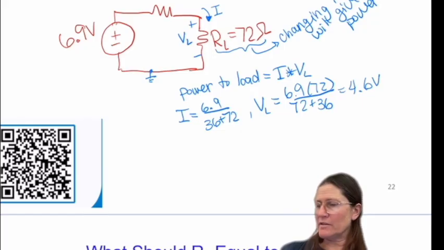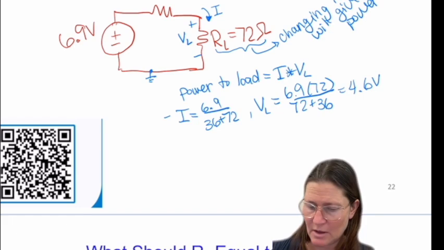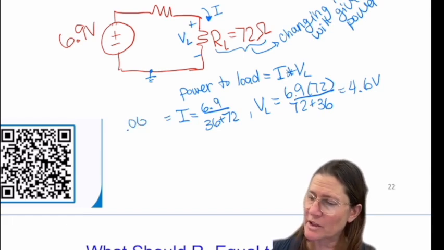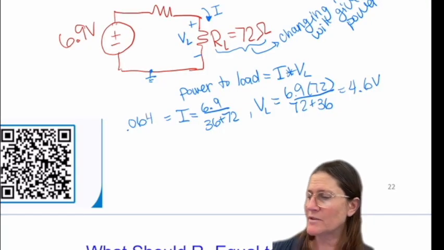The current is 6.9 divided by 36 plus 72, so this gives me 0.064 amps.